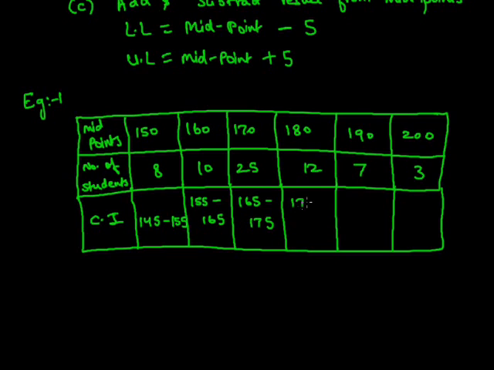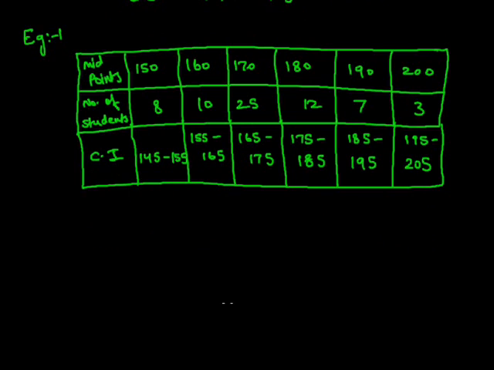Here it will be from 175 to 185, here from 185 to 195, and here from 195 to 205. So in this way, we have converted this into class intervals, and now it is easier for us to plot the histogram on the basis of this data.